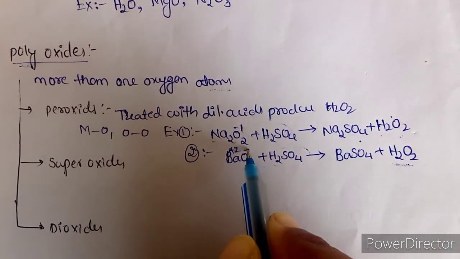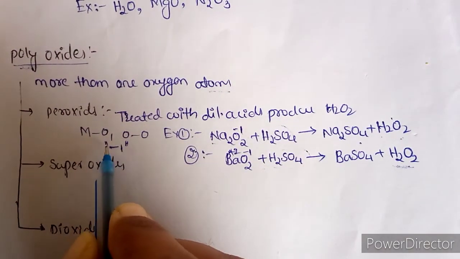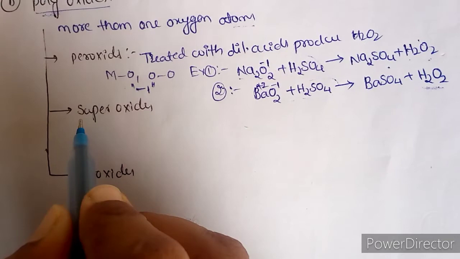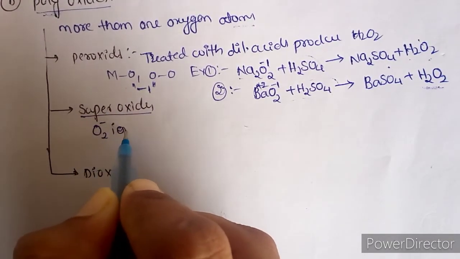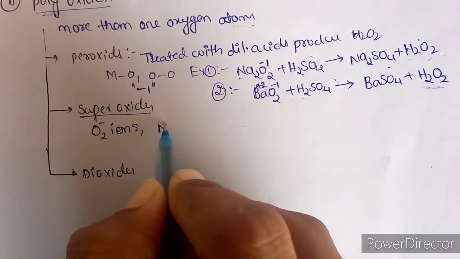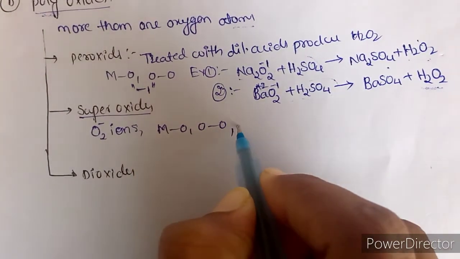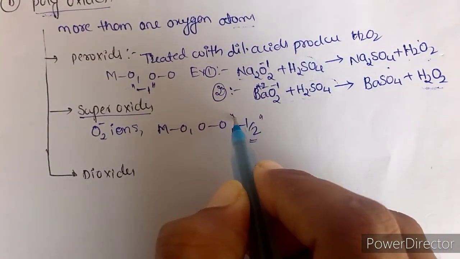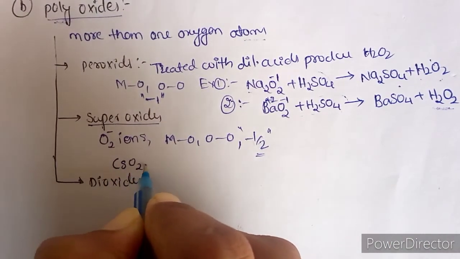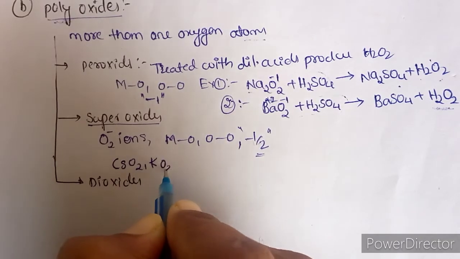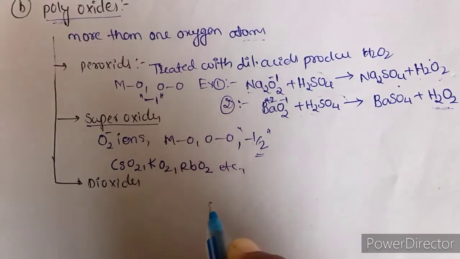It also gives H2O2 in reaction with acid, so it is also a peroxide. And in this the charge is -1. Next one, superoxides. The O2 minus ion is present in superoxides and it has M-O and O-O bonds. These are the examples for superoxides: KO2, RbO2, and so on.